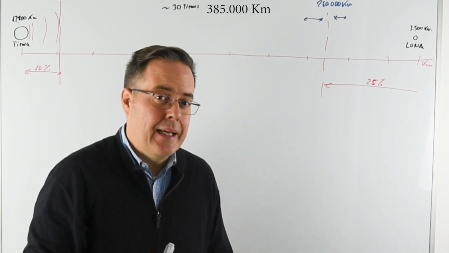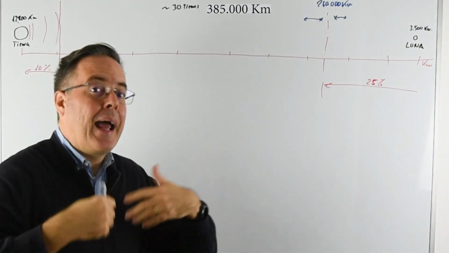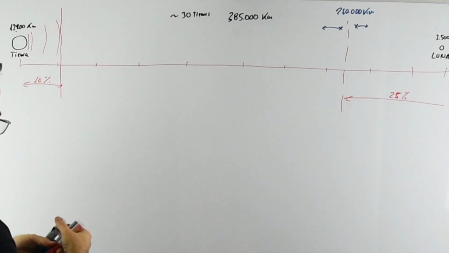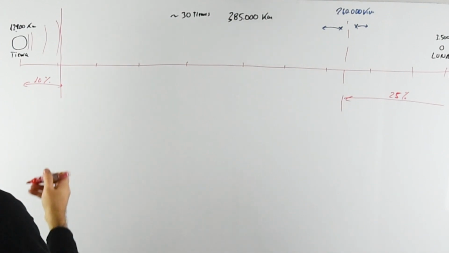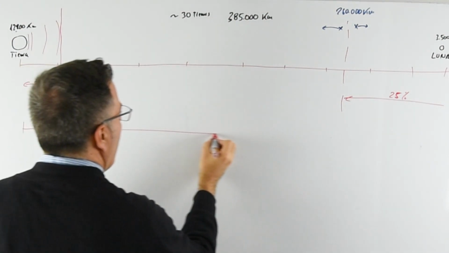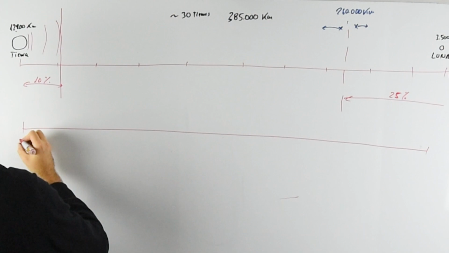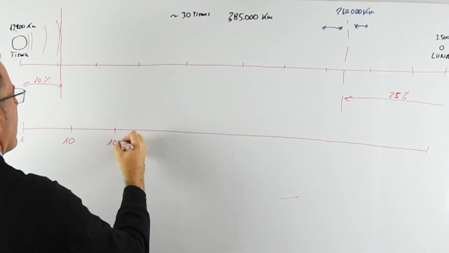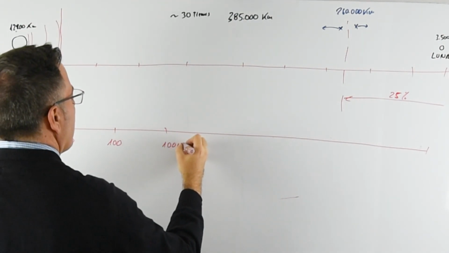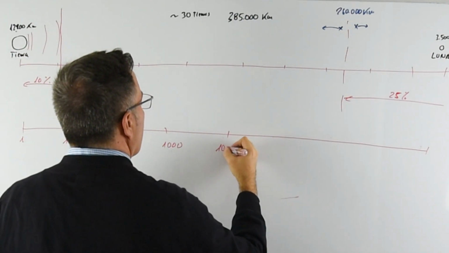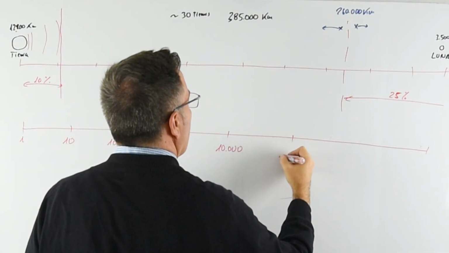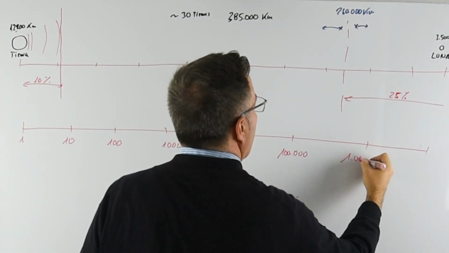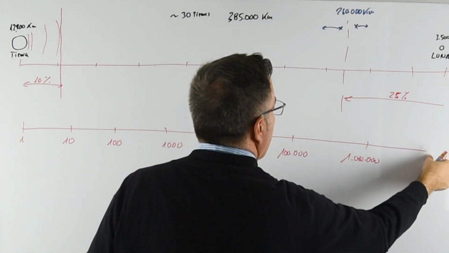Let's now represent the scale in a logarithmic scale to see the orbits much better. Remember that only the first 10% of the distance to the Moon holds the most interesting orbits, so I expand it a little with this logarithmic scale.